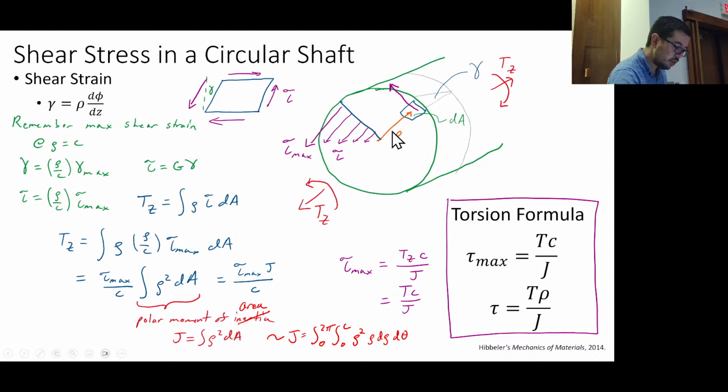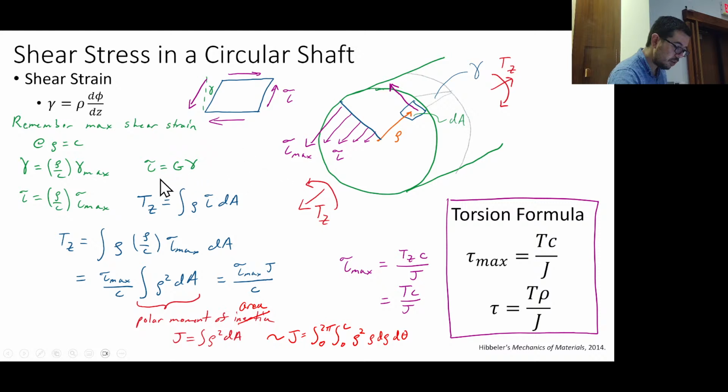As rho goes up, gamma is going to be proportional to where we are. If rho is equal to 0, gamma is 0. If rho is equal to c, we have gamma max.